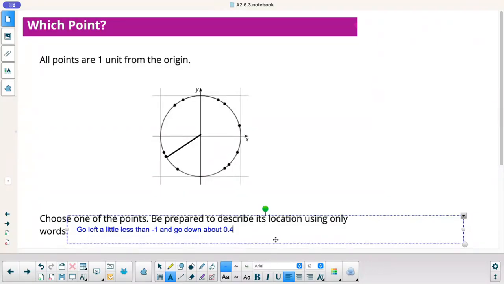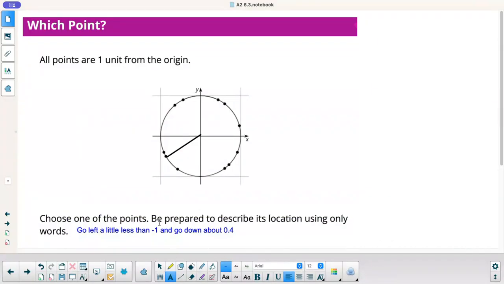I know it says using only words, but if I wanted to write a coordinate, again, this is an estimate, I'm just going to say, okay, I think that point is at like -0.8 and -0.4, okay. It's just an estimate. I don't know exactly where it is.